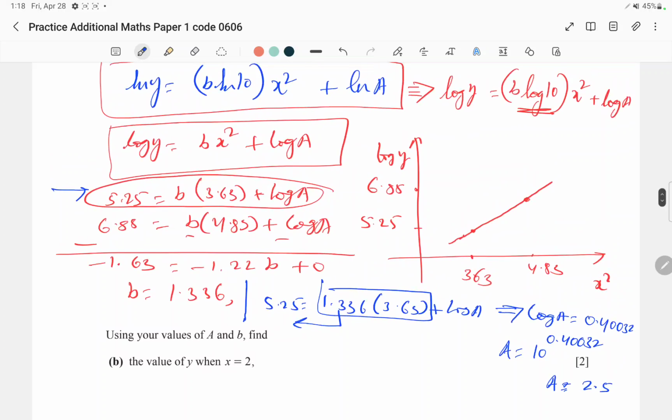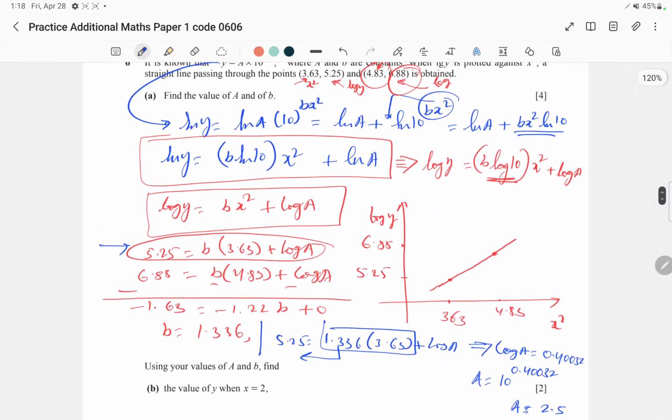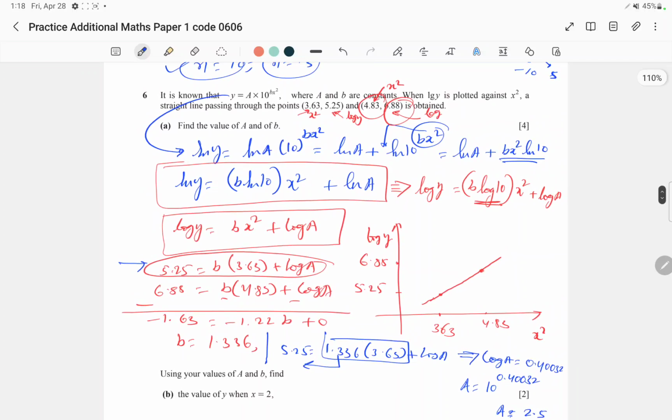So let's check again whether everything is right or not. We are going to recheck this. Hello guys, if you observe over here, this is 4.83, right? And here I considered 4.85, I think. So it is 4.83.